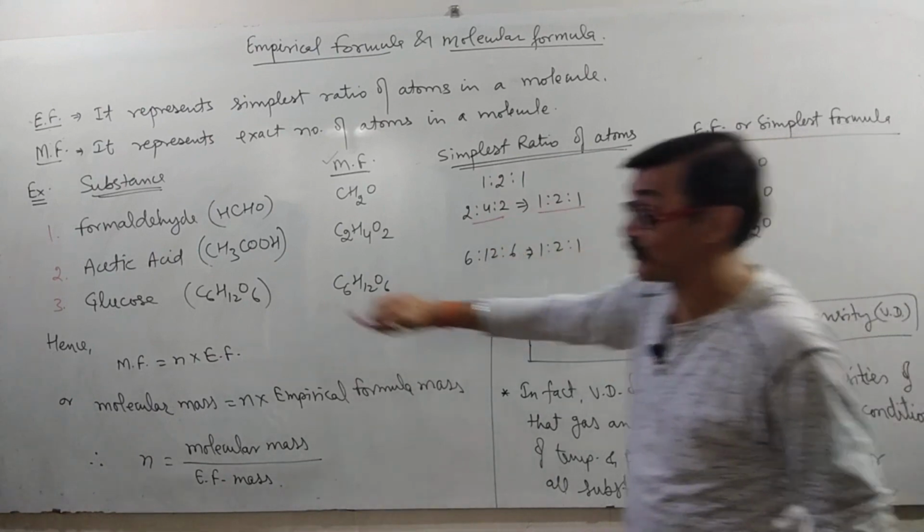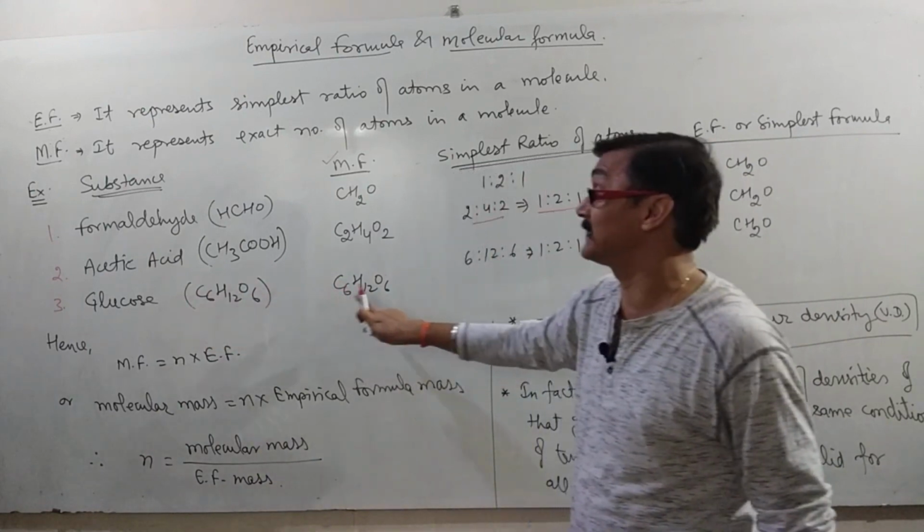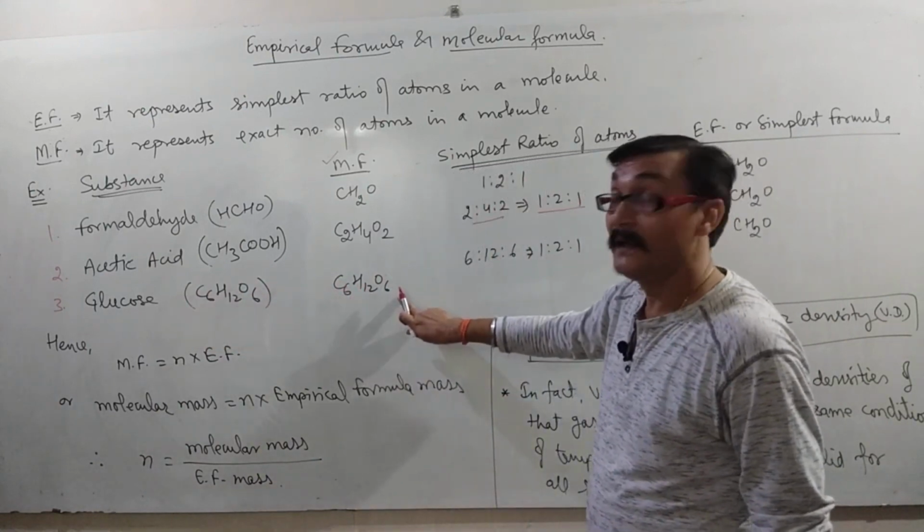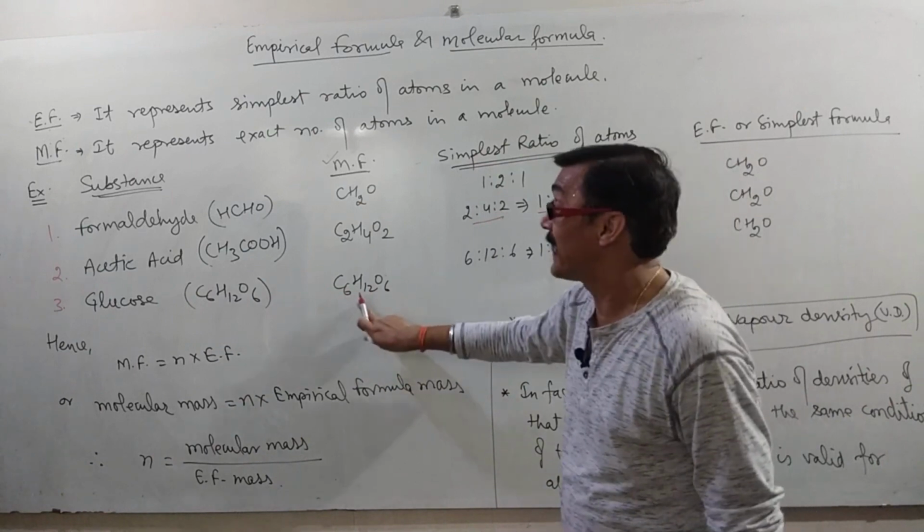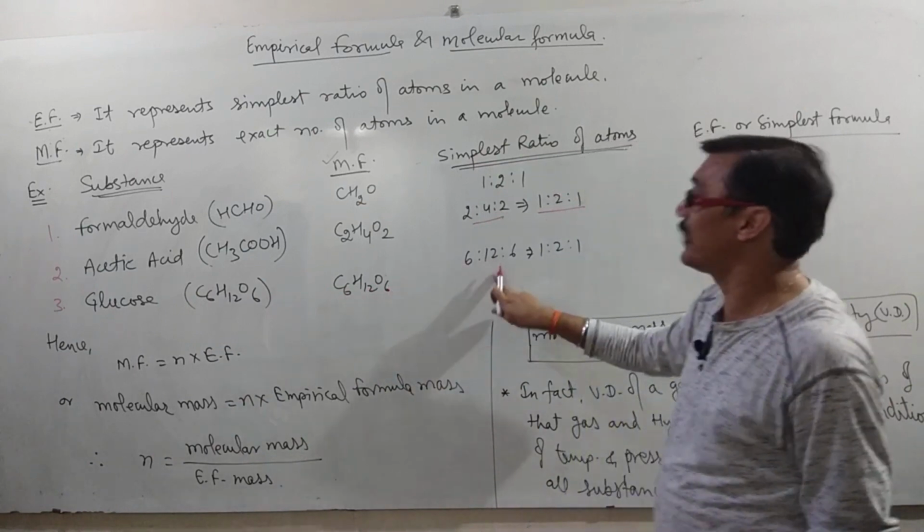And similarly in the case of glucose, the molecular formula is C6H12O6, and the numbers of atoms of carbon, hydrogen and oxygen are 6, 12 and 6.